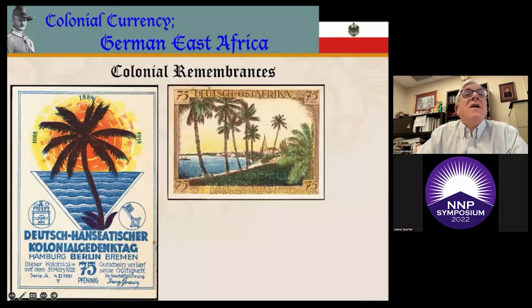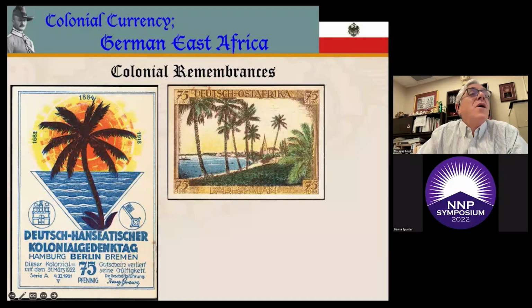Then we have the Deutsch-Hanseatischer Kolonial-Gedenktag, the remembrance of these by the old passenger line.